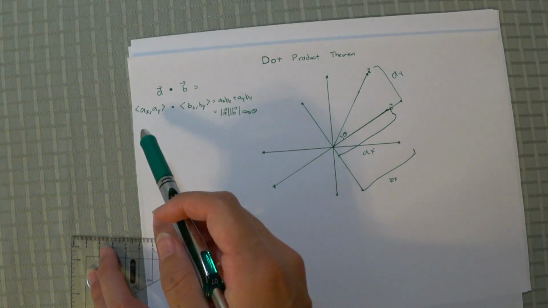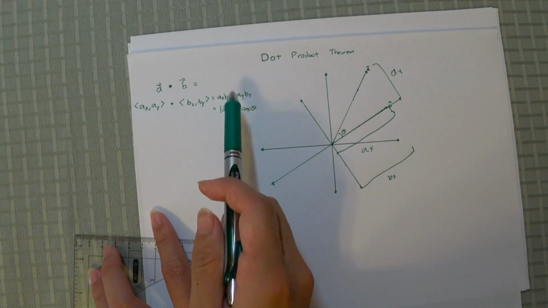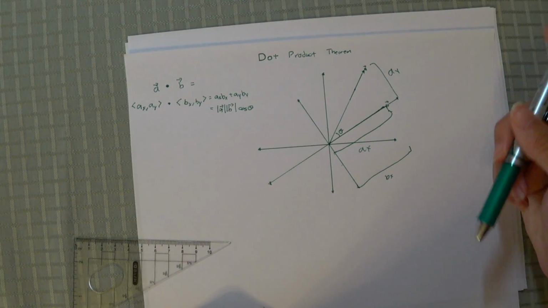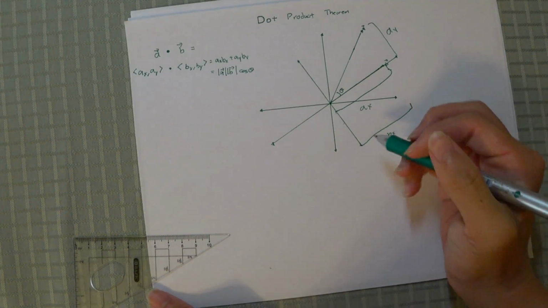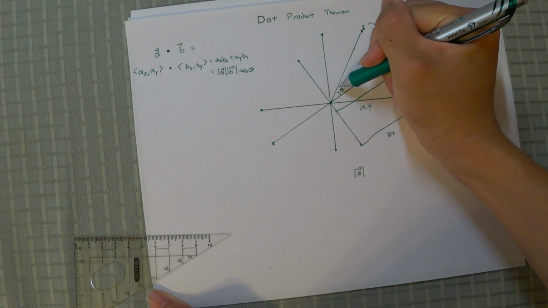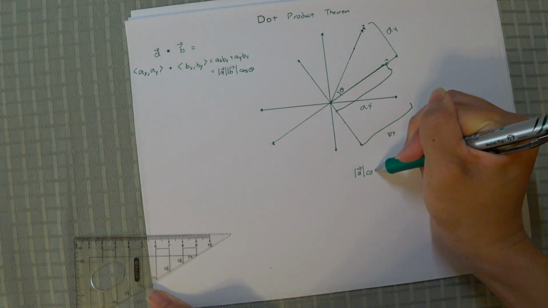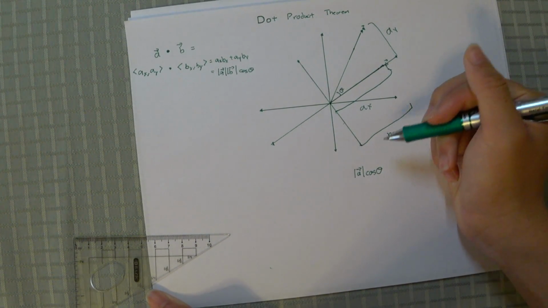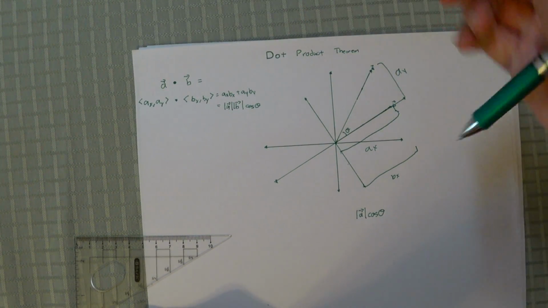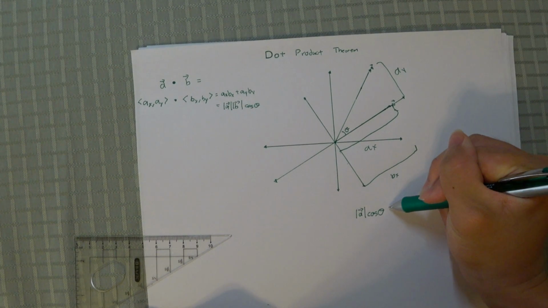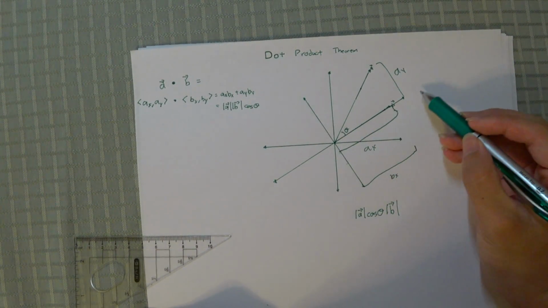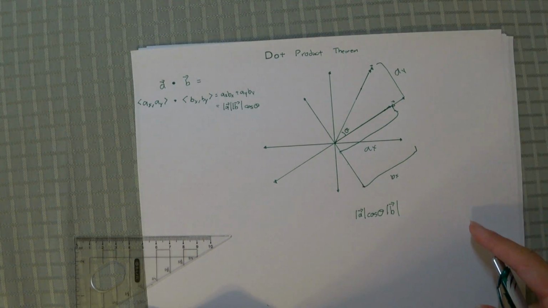So the dot product is equal to AX times BX plus AY times BY. So AX is simply the magnitude of vector A times cosine theta, and BX is just the magnitude of vector B, because vector B now lies on the axis.